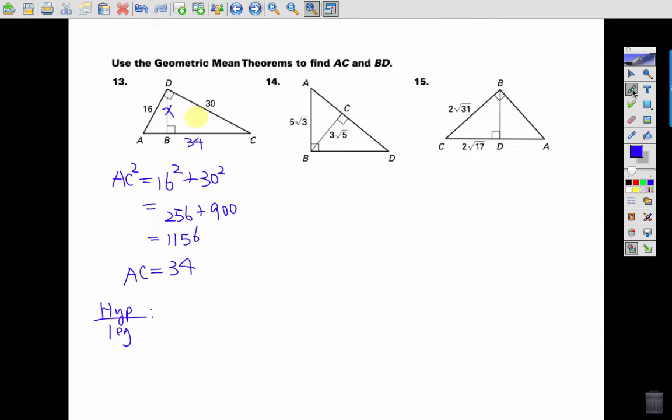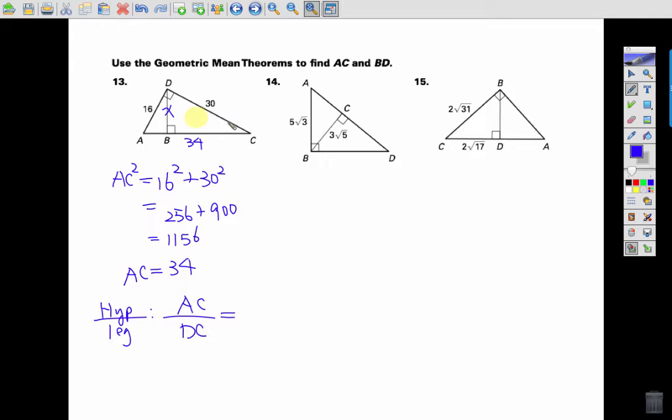Let me backtrack. Okay, so I'm looking for x. If I'm looking for x, x looks like I may be able to use this triangle. See if I can set up a proportion. The whole thing AC, so the hypotenuse is AC over the longer leg, which is 30, which is DC.